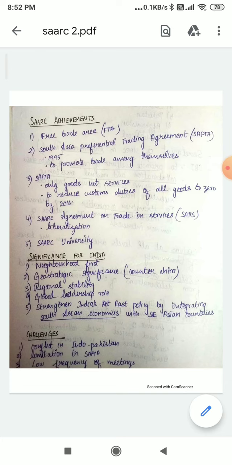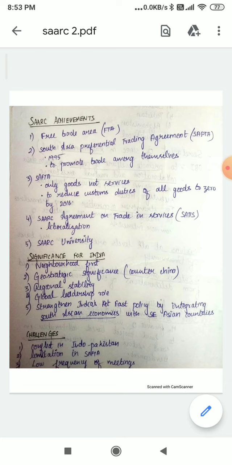And the fifth one is strengthening India's Act East policy by integrating with South Asian economies. What does this mean? India already has a foreign policy, the Look East policy, now the Act East policy. By this policy, India is trying to engage with the Far East nations.